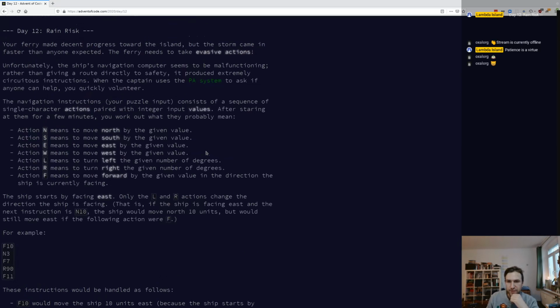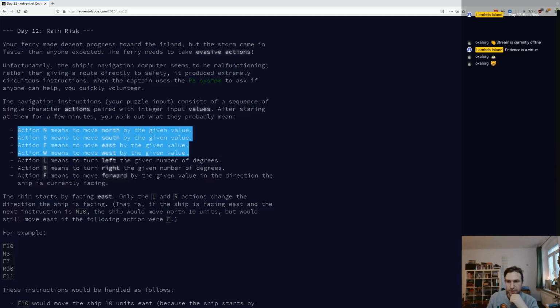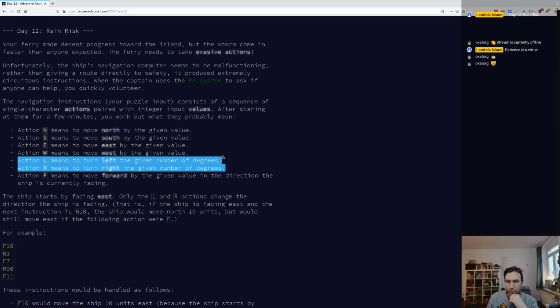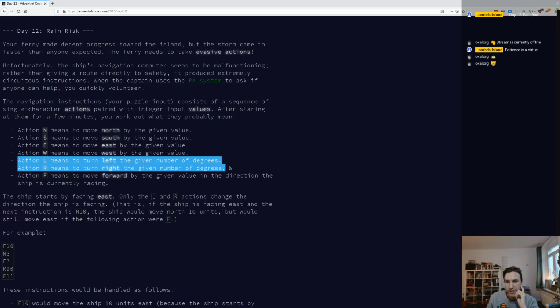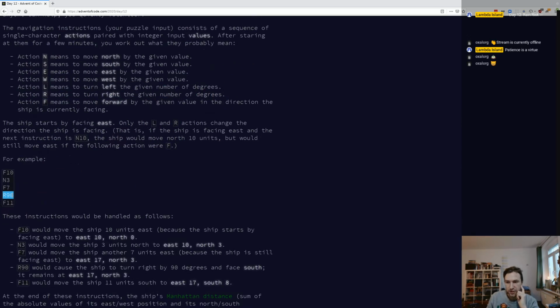Interesting to point out is that we have absolute motions, so we move north, south, east, west, and then we have these relative motions where we go left or right or forward. We go forward based on where we are currently facing, and with left and right we can change the direction we're facing by a certain number of degrees. And here it shows 90 degrees.